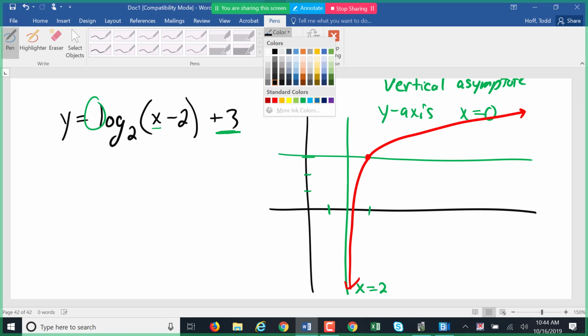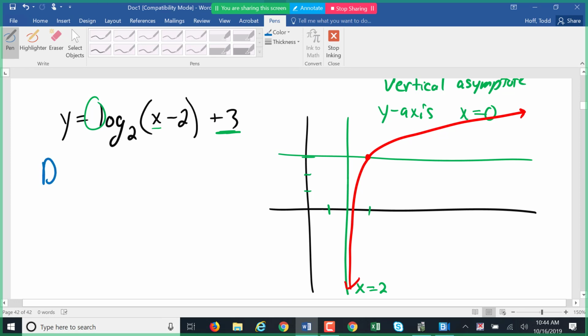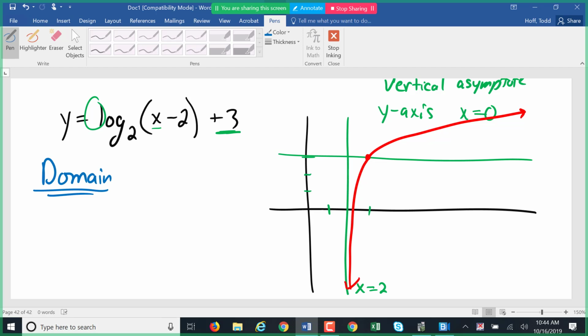In these functions, the domain. Remember, in our exponential functions, the domain was from negative infinity to positive infinity. We could put any value in for x that we wanted to. Here, that's not true.